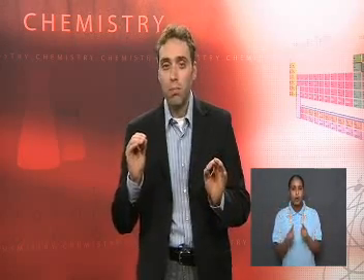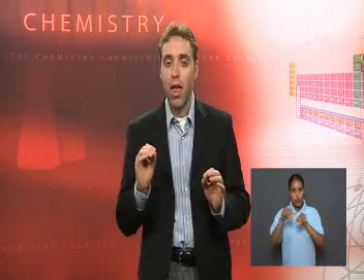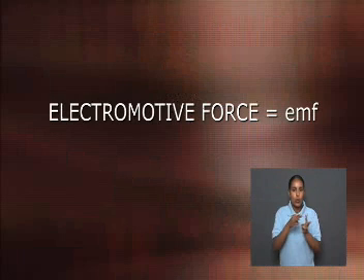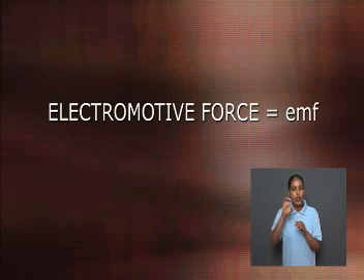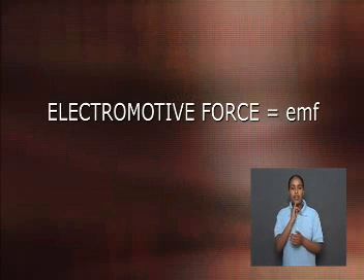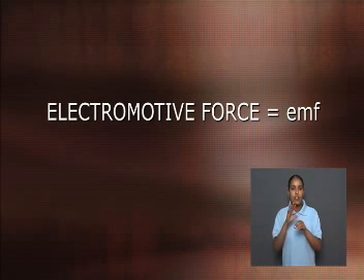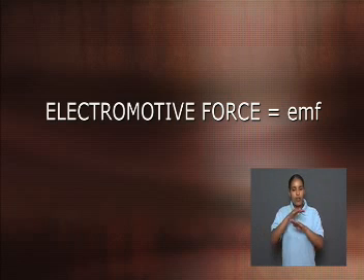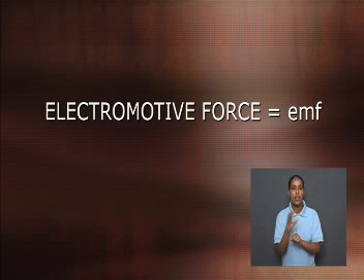When electrons move through a wire, they encounter resistance from atoms that are in their pathway. Electromotive force, or EMF, is the driving force that allows electrons to overcome the resistance and continue moving through a circuit.